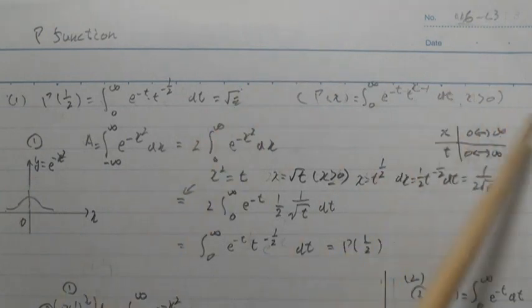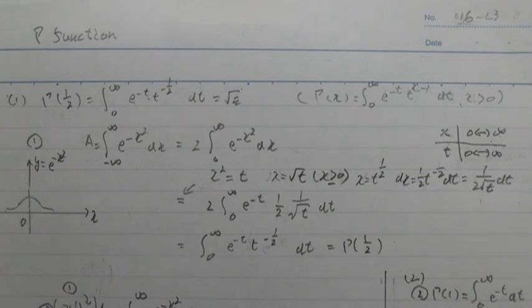The x domain becomes the t domain, and A equals the integral from 0 to infinity of e^(-t) t^(-1/2) dt. By definition, this is gamma of 1/2.